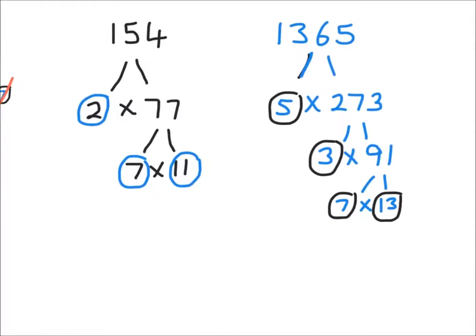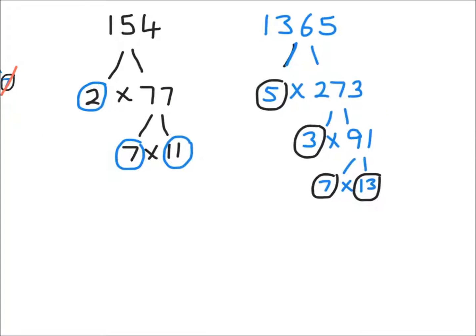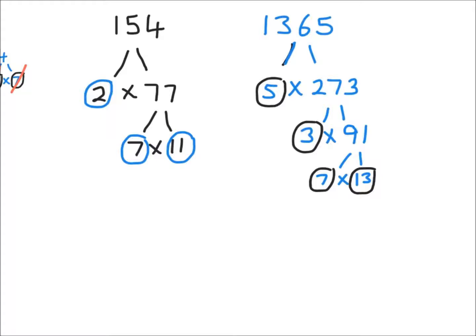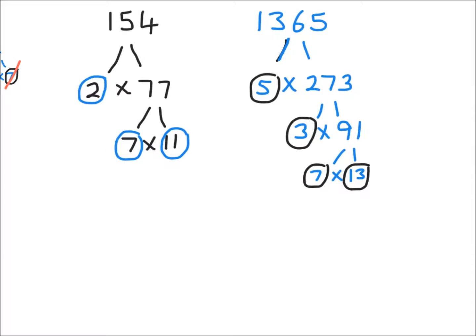In fact, there it is on screen, the previous example. Let's shrink the screen. And we're going to list the prime factors of each number underneath in red, like we did last time. So we have a 2 here, we have a 7 here, and we have 11 here. That's all the prime factors of 154 listed underneath.